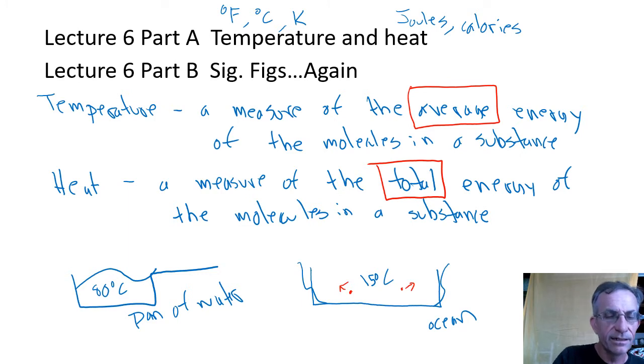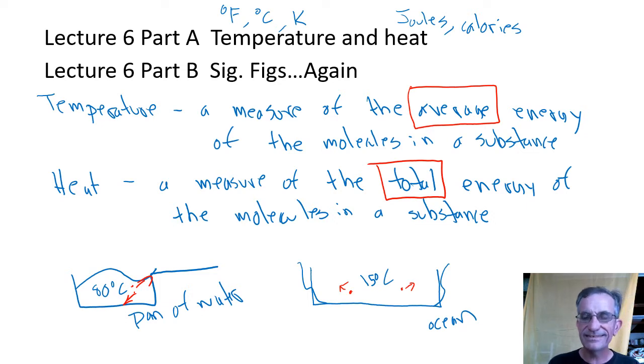Over here, they're moving way faster. They're going crazy. So temperature has to do with the speed the molecules are moving at. On average, in the ocean, those molecules are moving slower. They have less energy, in other words. But in the pan of water, on average, they're moving way faster.